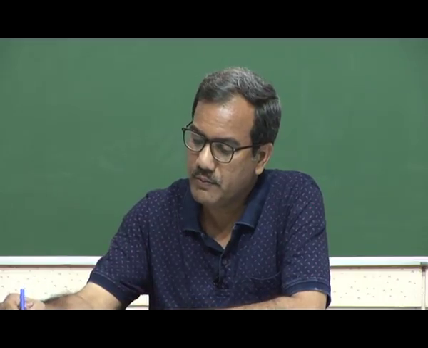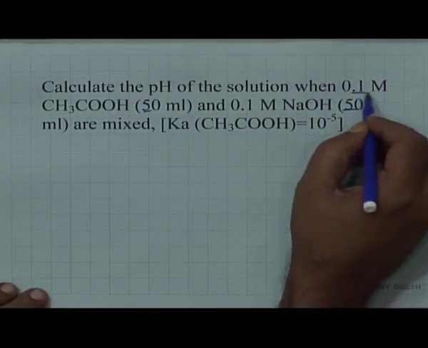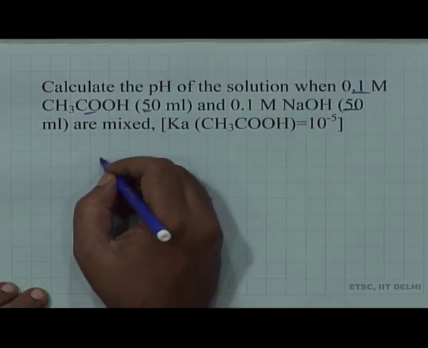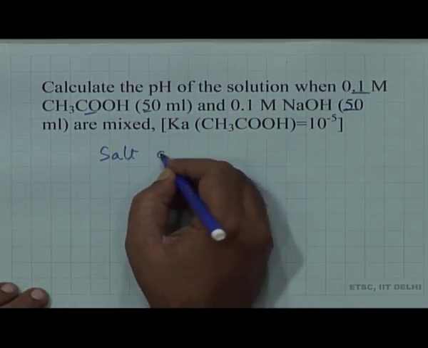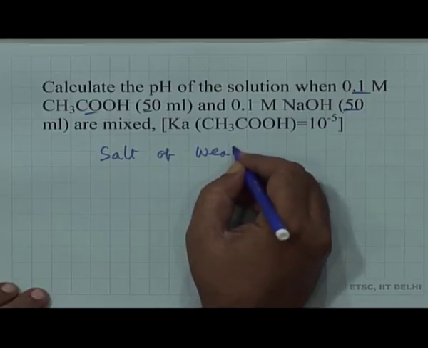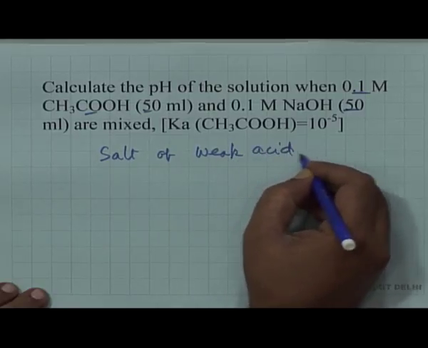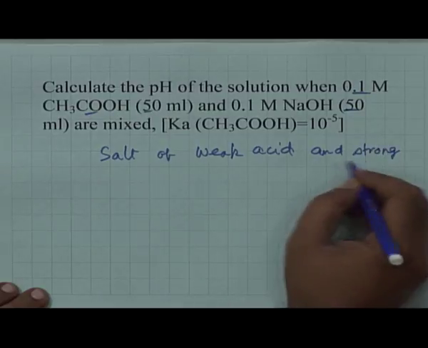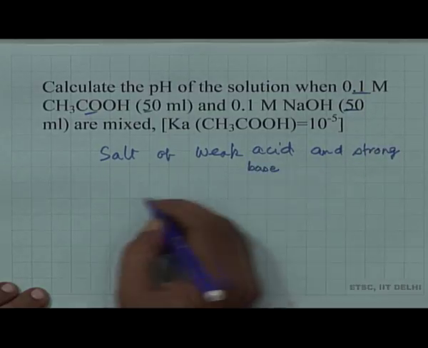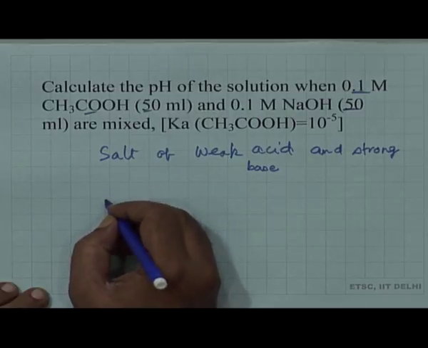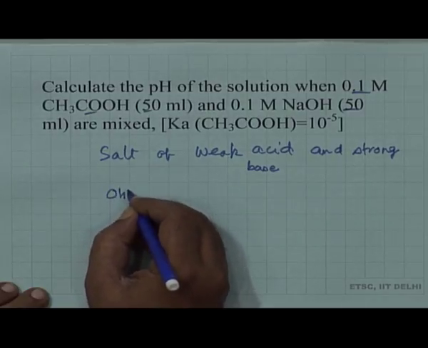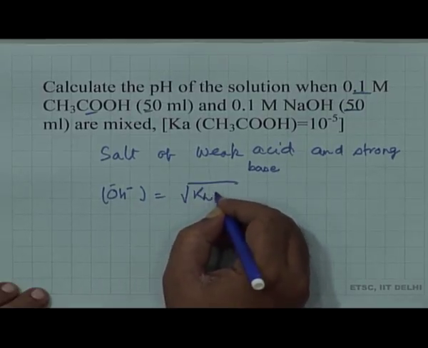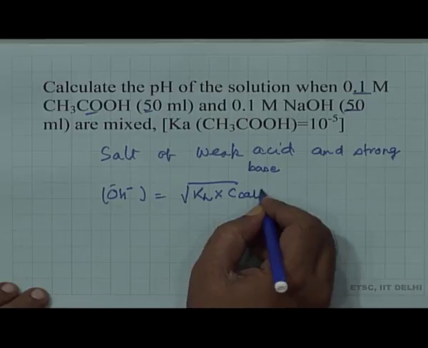Again you see 50 ml and 50 ml, same molarity, and so you end up with the salt of a weak acid and a strong base, and you can calculate your OH minus ion by using Kh into C salt.